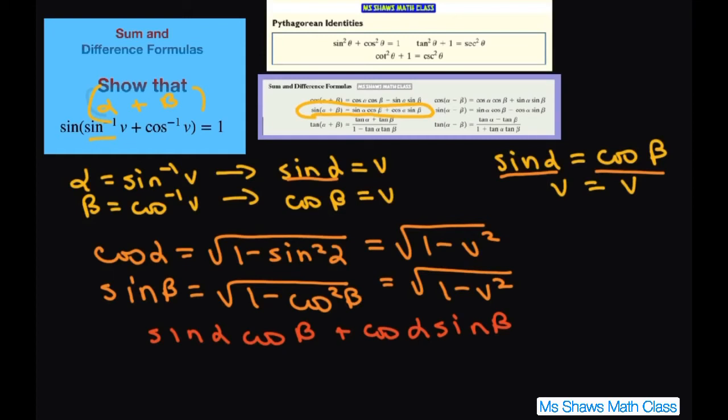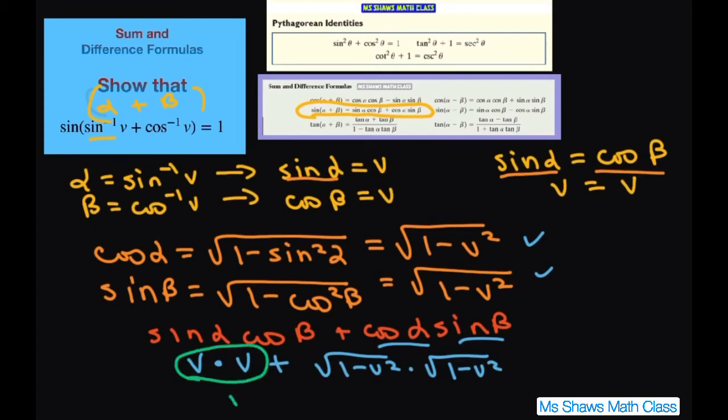So sine of alpha is v times cosine of beta is v, plus both of these are just these, so just multiply those: square root of 1 minus v squared times square root of 1 minus v squared. This is going to equal v squared, and this is going to be the square root of 1 minus v squared, squared.